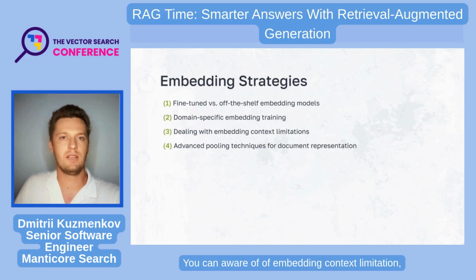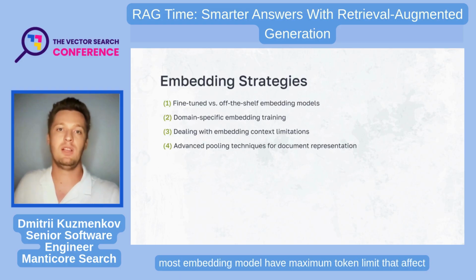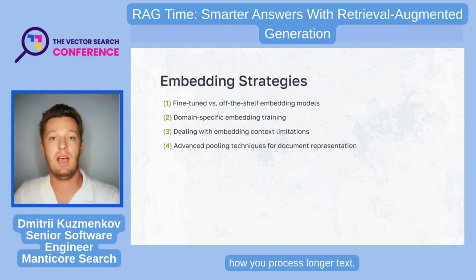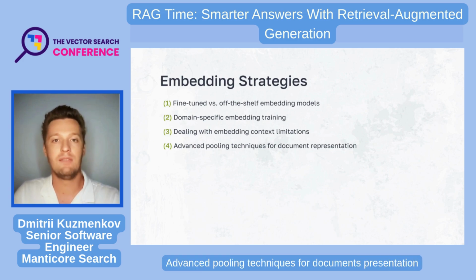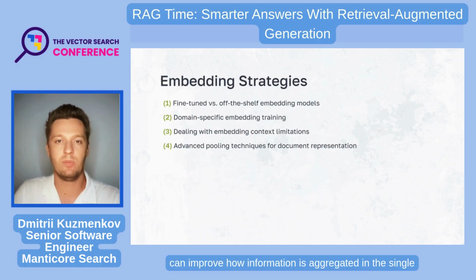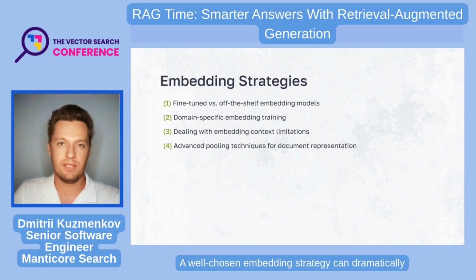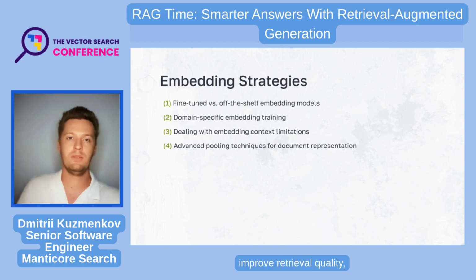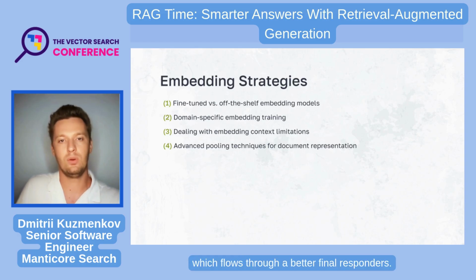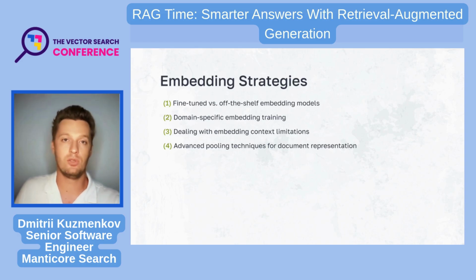Be aware of embedding context limitations: most embedding models have a maximum token limit that affects how you process longer text. Advanced pooling techniques for document representation can improve how information is aggregated into a single vector. A well-chosen embedding strategy can dramatically improve retrieval quality, which flows through to better final responses.